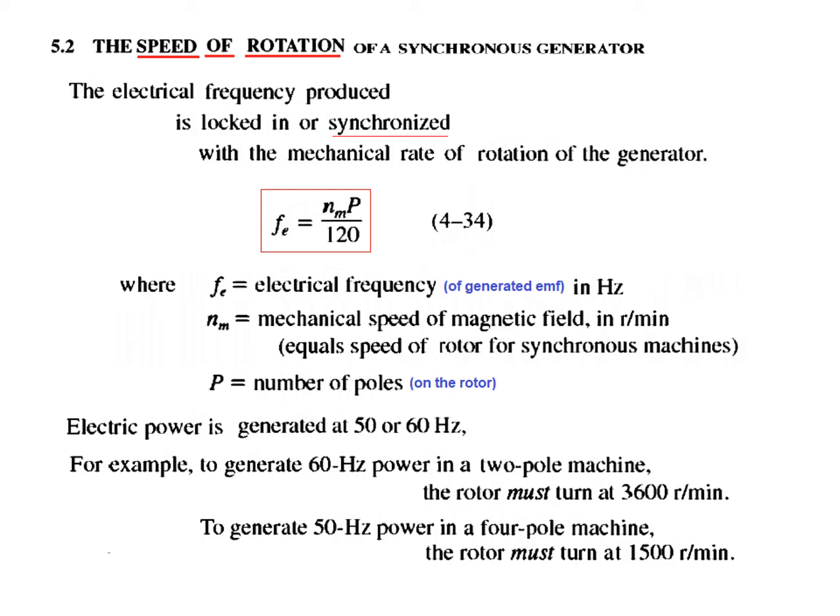You put 60 hertz here, you put two poles here, and then you can calculate the speed. And similarly, to generate 50 hertz, if it was a two-pole machine, it will be just half of it, 18. But another example we have taken with the four-pole machine. So in that case, the rotor speed will be 15 revolutions per minute.